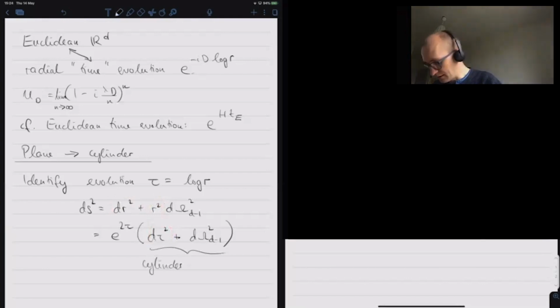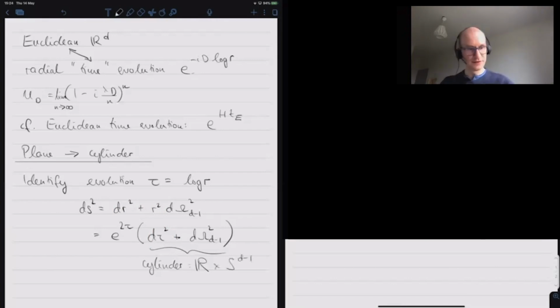The cylinder being the real line R for the time variable tau times S^{d-1}. So this is some cartoon of it. I just draw a finite section in time.